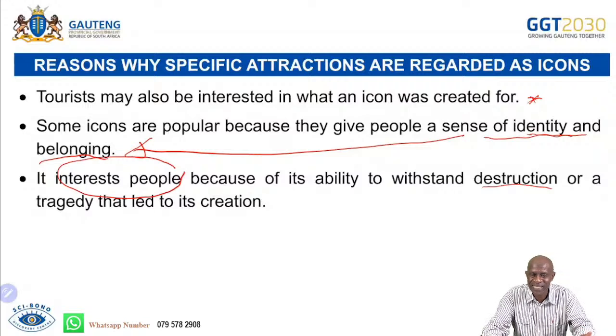It has existed for so many years. It is notable because it is associated with tragedies or bad things surrounding its creation, or rather good things surrounding its creation, but it still stands to date.